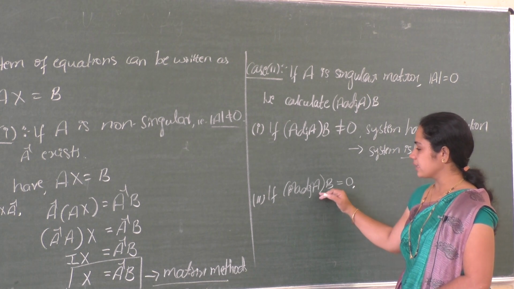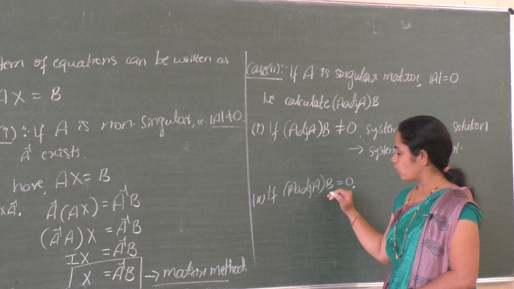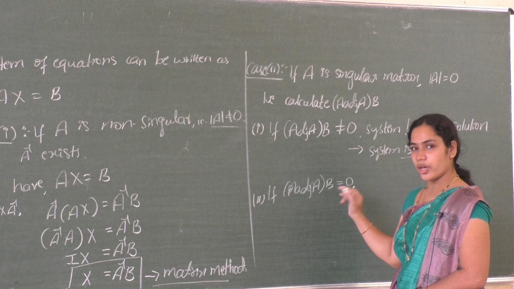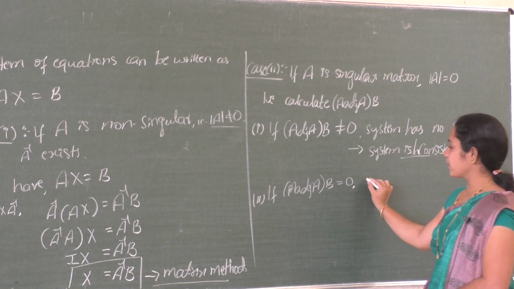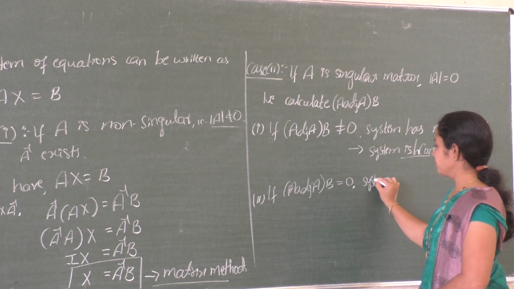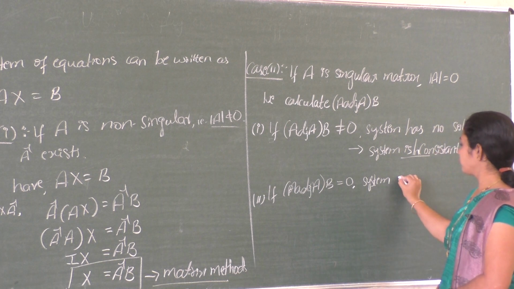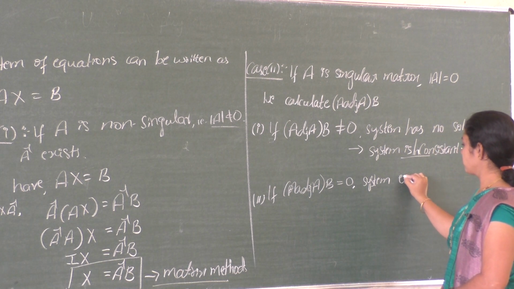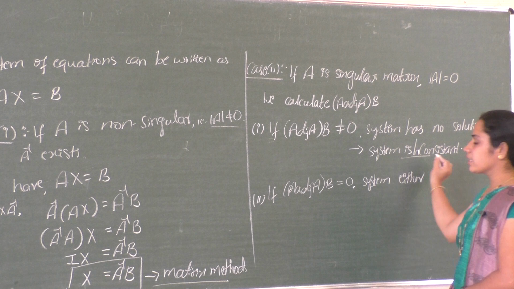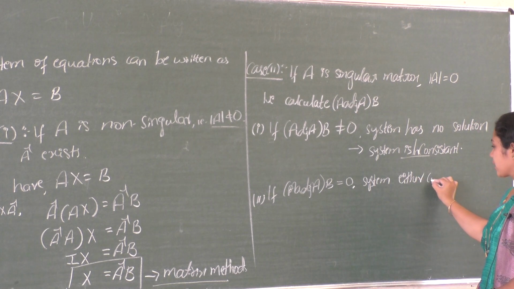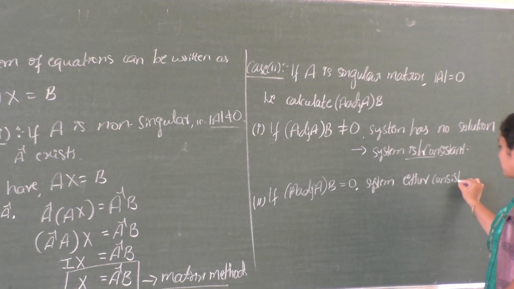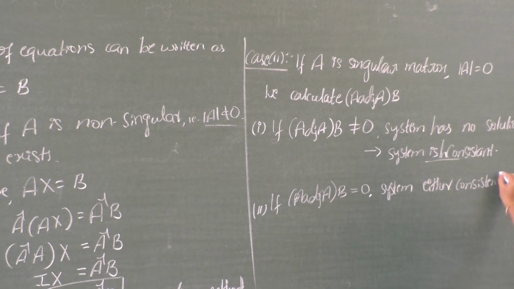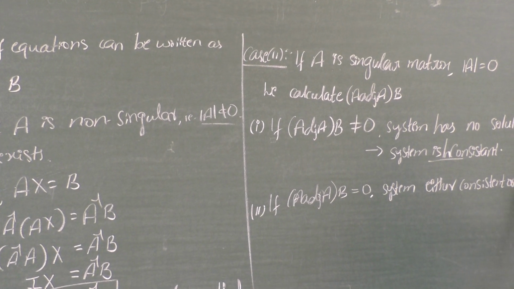That means either a solution may exist or may not exist. In that case, the system is either consistent or inconsistent.